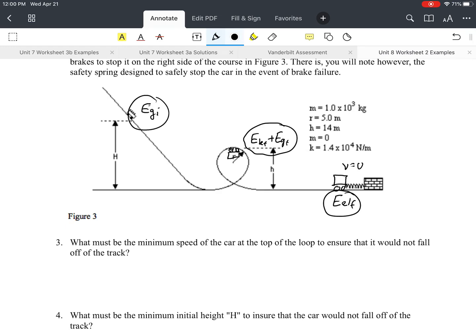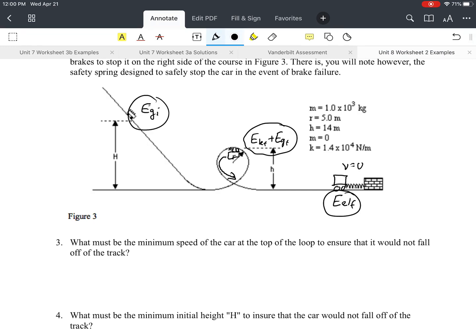If it goes any slower, the roller coaster car will fall straight to the ground. And if it goes any faster, then the track will start pushing on it with an FN force. But this is that minimum speed where FN goes bye-bye and the car doesn't fall, and it just nicely goes around the loop.